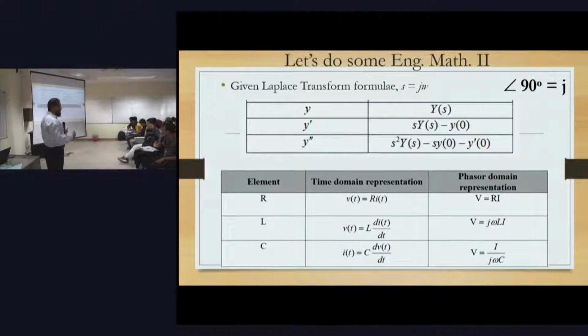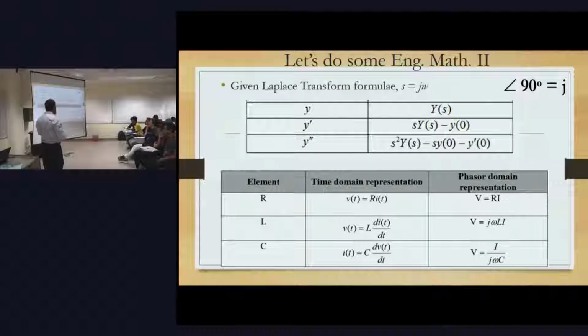Whenever we represent something in S domain, it doesn't really tell us much about its relationship with the real world. But why do we need this? It makes our life really easy, exactly as phasor does. How does phasor help us? It makes the analysis really easy for us in case of AC circuits. Okay. Same thing with Laplace domain representations.